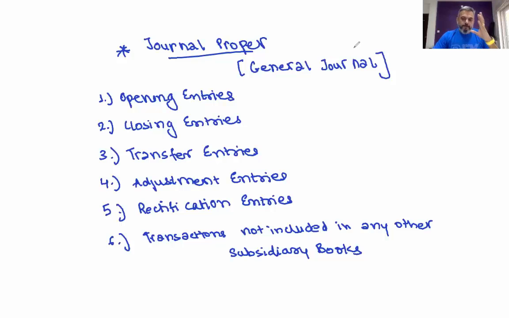Now, journal proper is basically the same format as journal entry. So there is no new format over here which you have to learn. Here we will be recording all these opening, closing, transfer, adjustment, rectification and other entries in a journal entry format only. So make journal entry format and let's go to illustration 1.